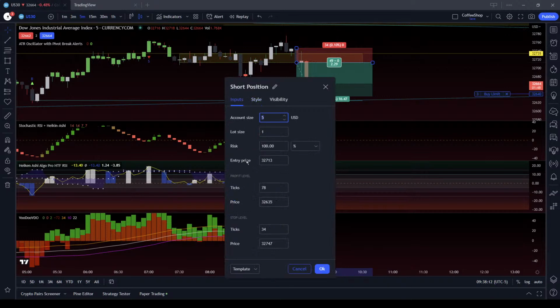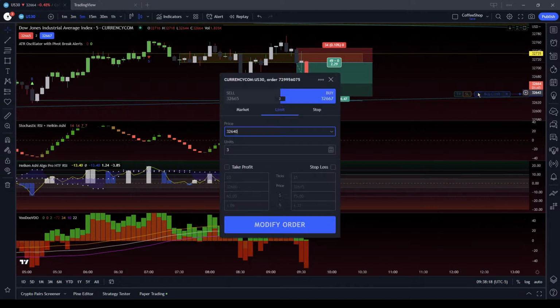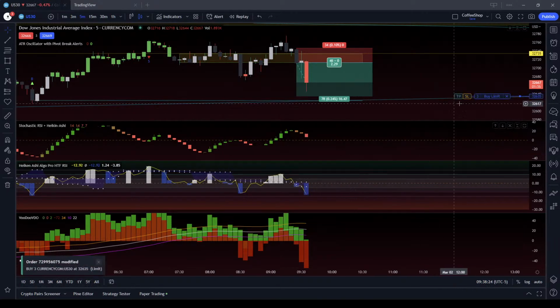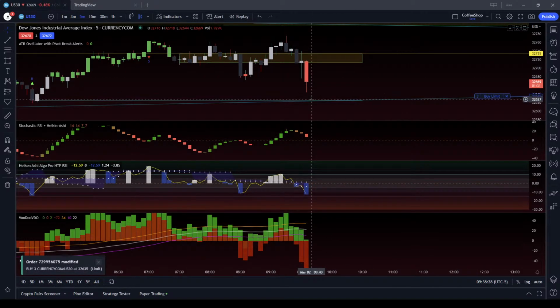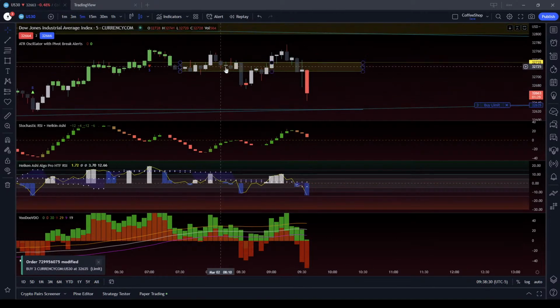So I'm going to raise my buy order to this. I have a buy order in here. I'm going to change this buy order to this level. There we go. Modify the order, move it down. And then I need to put a buy order in here and a sell order right here.